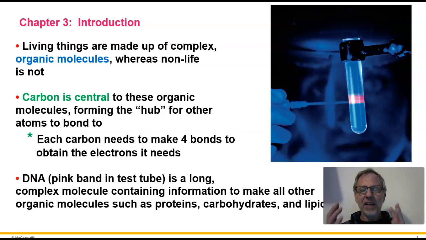DNA is the information molecule that we have in every cell, and DNA has the information for making the other kinds of organic molecules that I've mentioned: proteins, carbohydrates, and lipids. So with this as an introduction, let's start exploring the molecules of life.